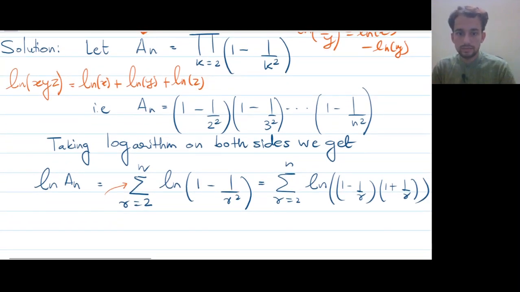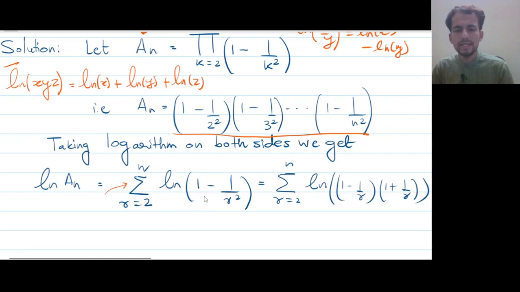Here in this summation, how is this becoming a sum? Because if you take the logarithm on these products, I'm going to use this property, that is, it will become the sum of the individual terms with logarithm, so that's why it is a summation. And here the index varies from 2 till n. I have given it a name, call it r, so this summation r varies from 2 till n.